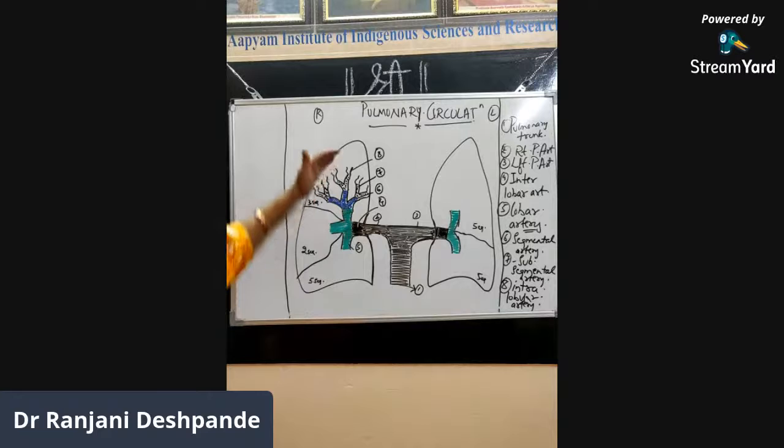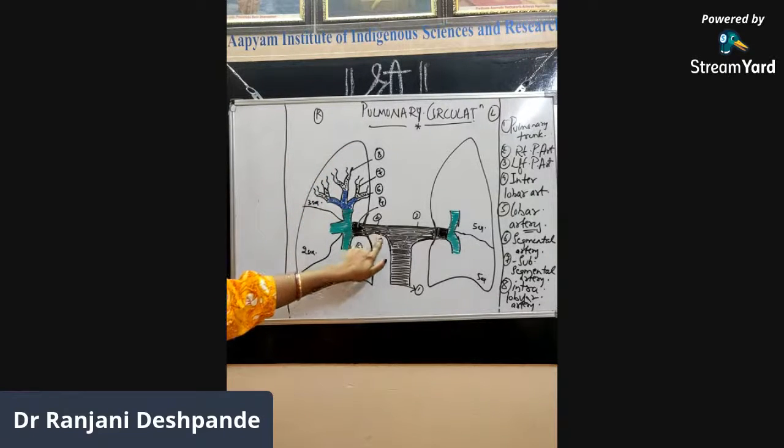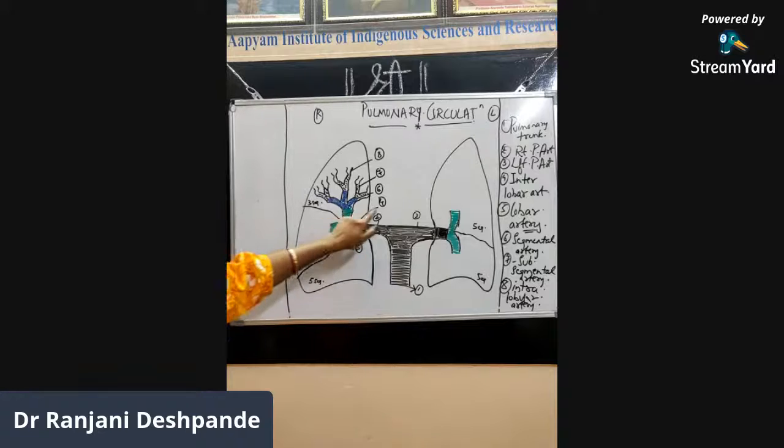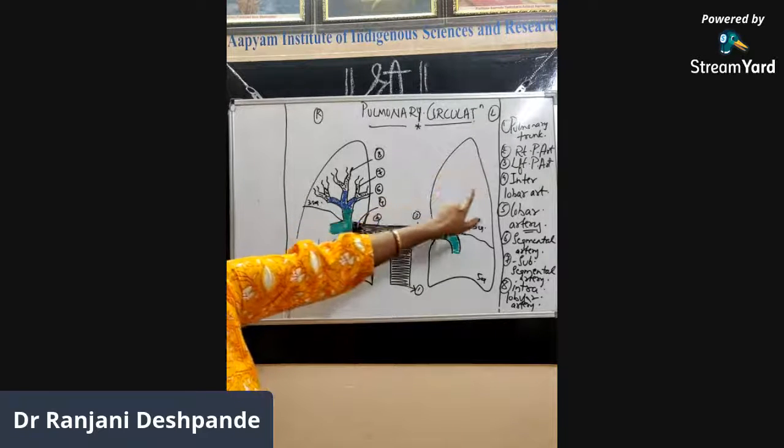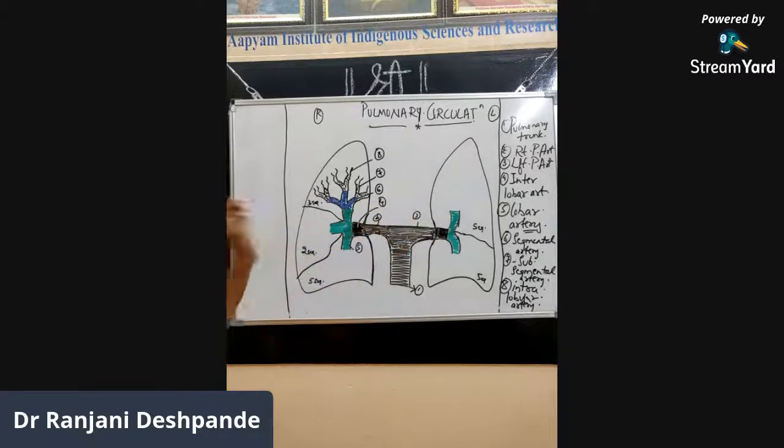Why 3 branches? Because the right lung has 3 lobes. So after it enters, that part is called the interlobar artery. Then that which supplies to the individual lobe, that part is called the lobar artery.